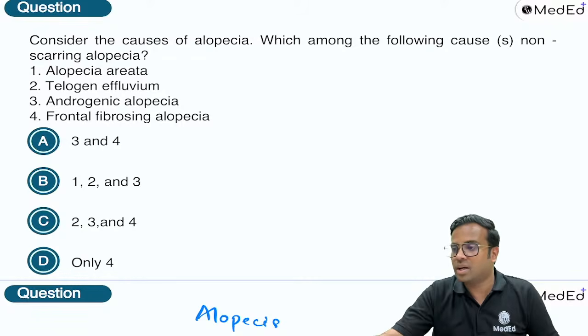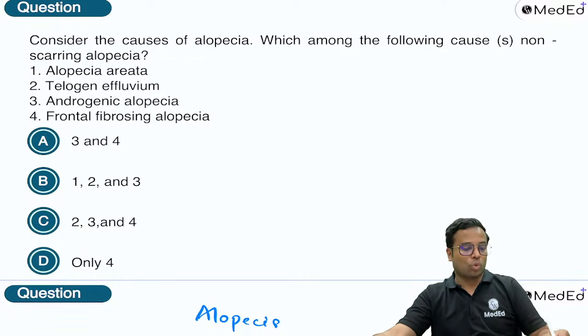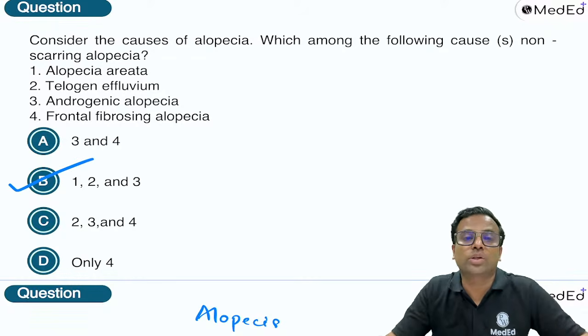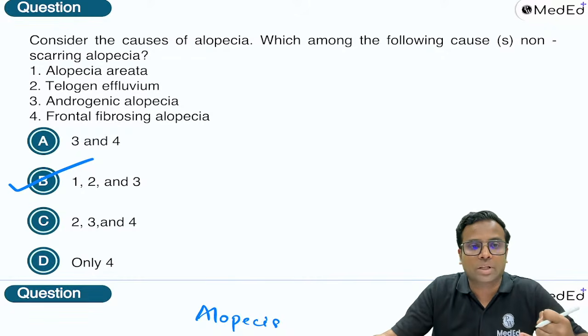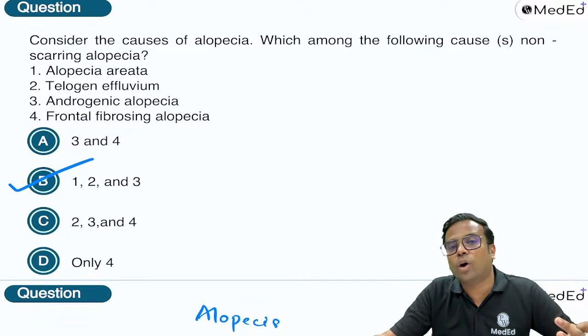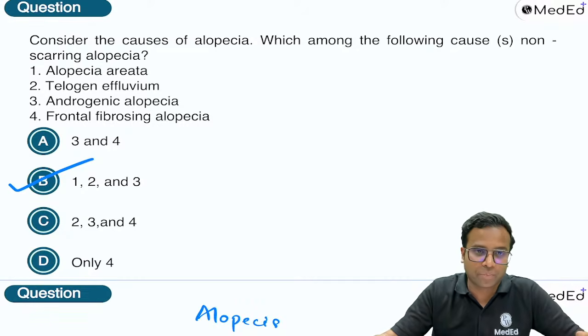Maha is also saying option B, 1, 2, and 3. Alopecia areata, telogen effluvium, androgenic alopecia are all non-scarring, which means frontal fibrosing alopecia is going to be scarring.